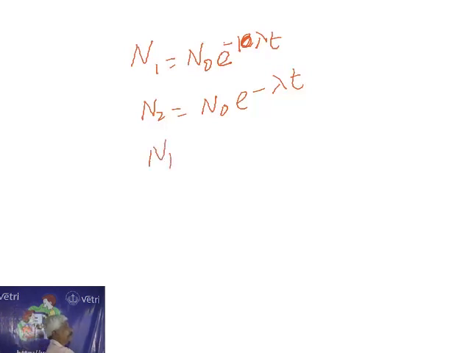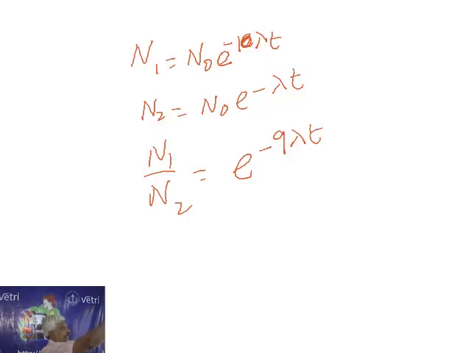Therefore N1 by N2, the N0 gets cancelled, is e power minus 9 lambda t, because on dividing, the denominator term goes to the numerator: e power minus 10 lambda t plus lambda t. The problem gives N1 by N2 as e power minus 1.